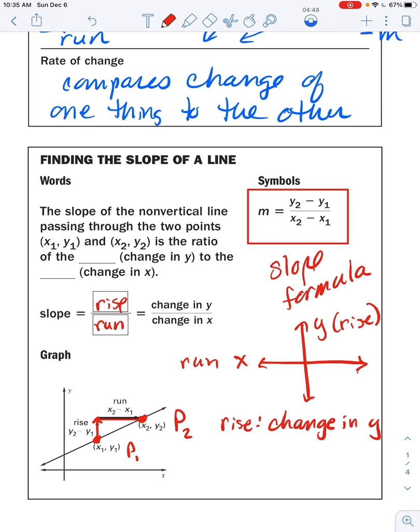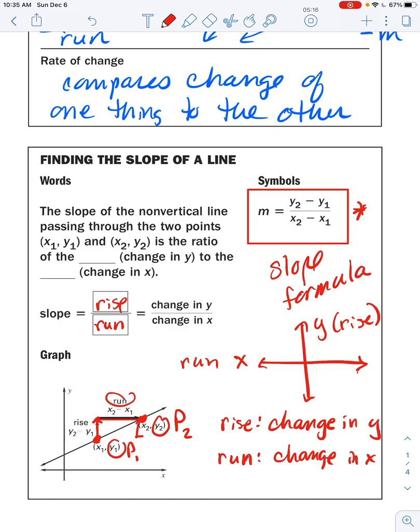And in math, to find change, we use subtraction. So you can see in the formula up here that they took the second Y minus the first Y to figure out that change in Y or rise on the top. And then when you're figuring out how far over does it go, this run, because left to right is X, you're finding the change in the X's, and again, change is measured with subtraction.